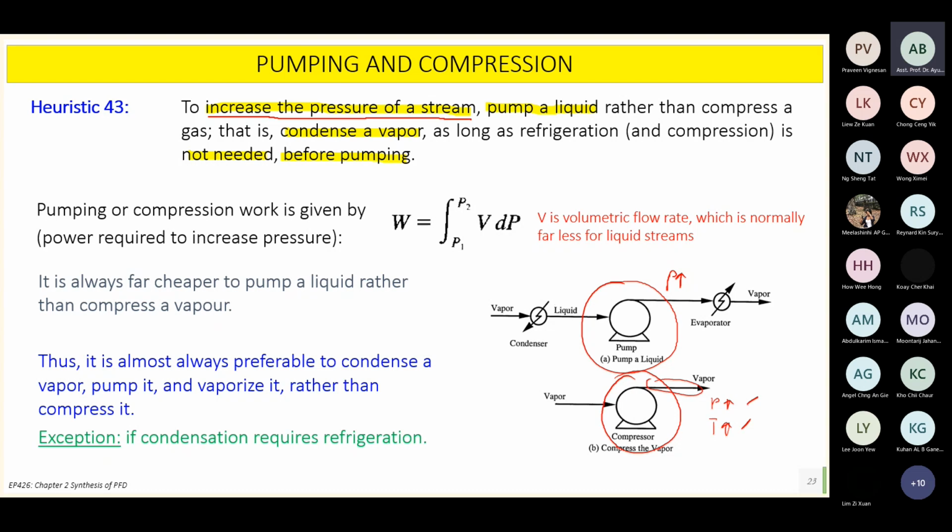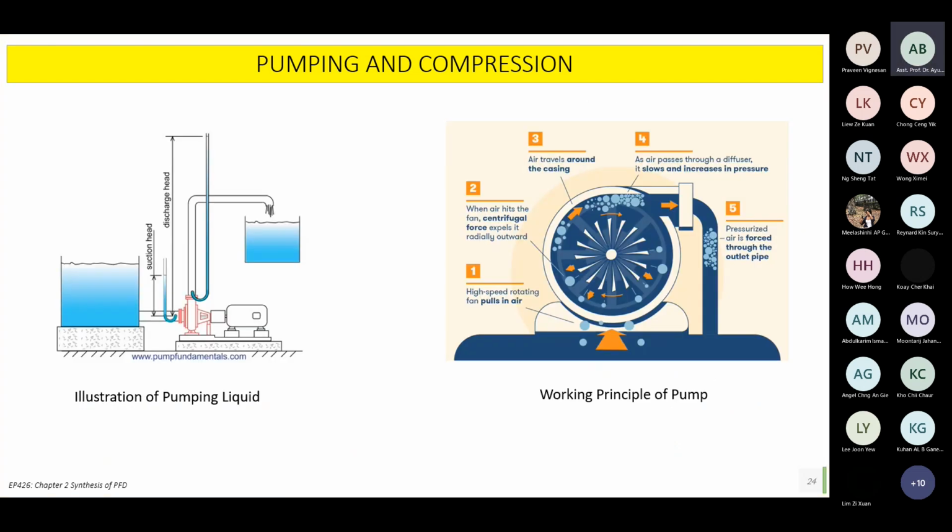Steam is the same. Steam is in vapor form, so condense it first into water, then pump it. Let's say you need to move it from one location to another. It is better to pump the liquid rather than compress the steam. Let's say this is water, and we pump the water from this tank into a new tank.